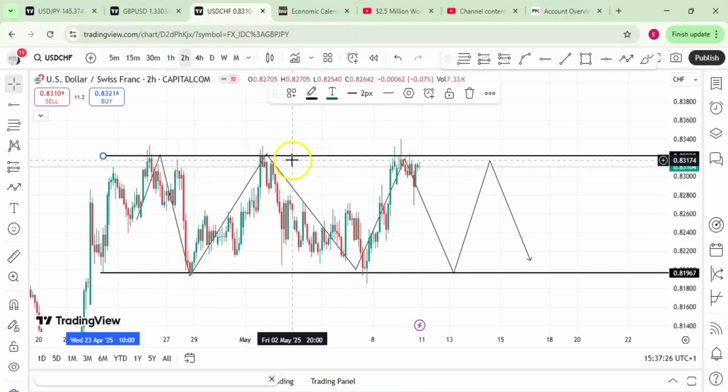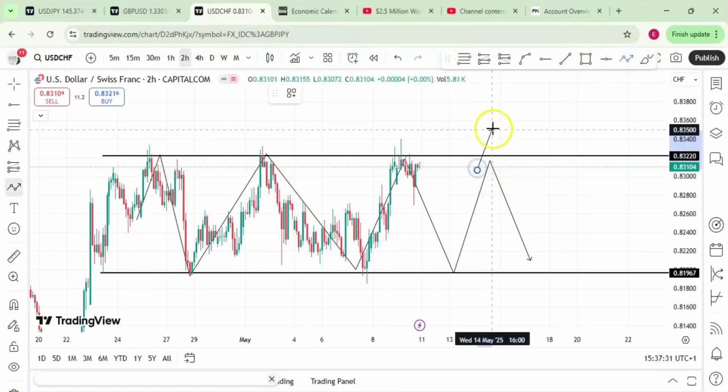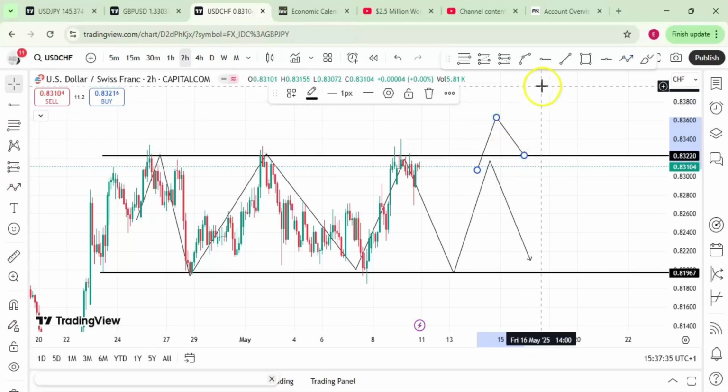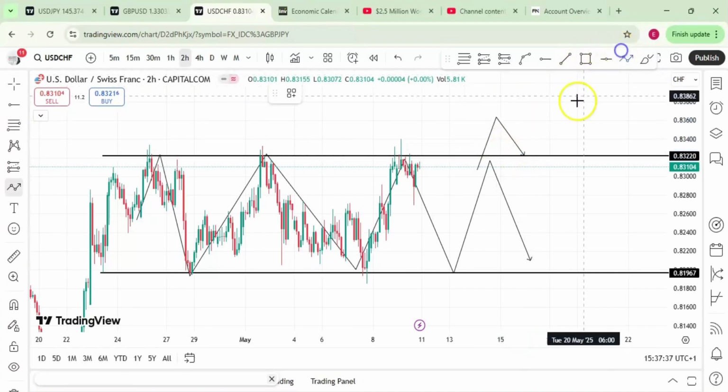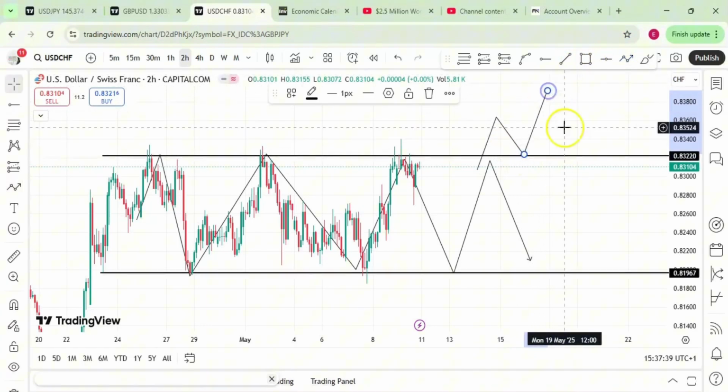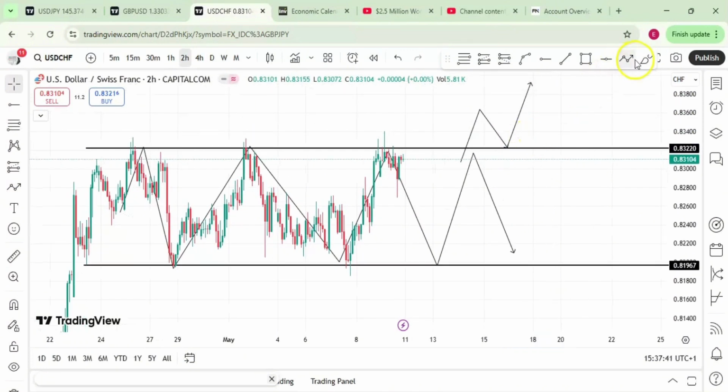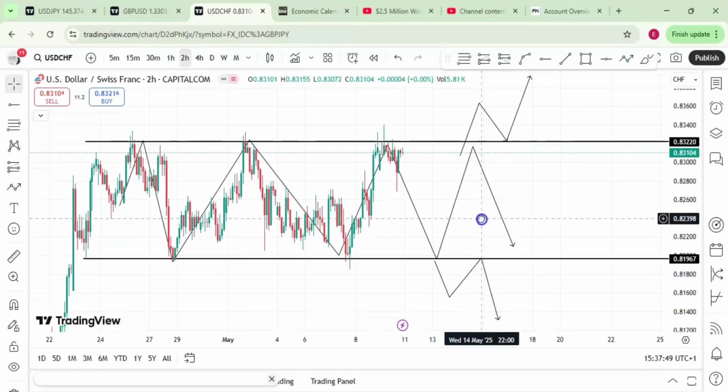So if the market should break above this resistance zone, how do you trade? You should wait for the market to what? Retest this level before what? Buying, if the market breaks to the upside. And if the market should break this support level, you should wait for the market to come back and retest that zone before what? Selling.